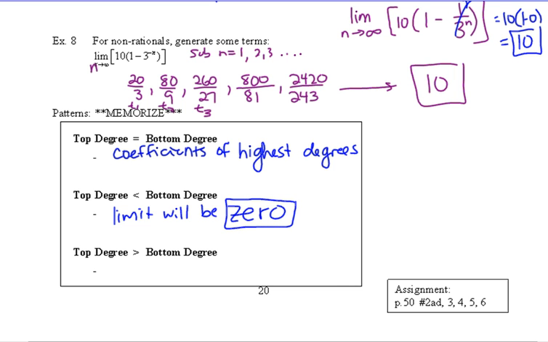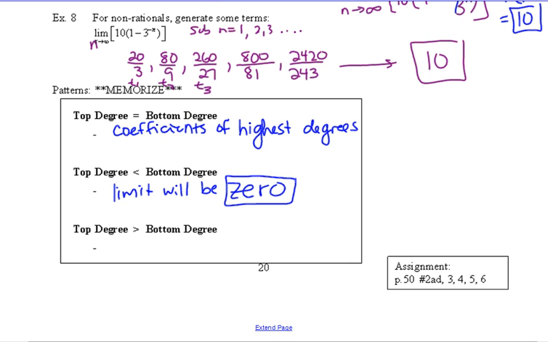Yeah, that's what it sounded like. If the top degree is greater than the bottom, the limit does not exist. Okay? We're okay? We made it through?